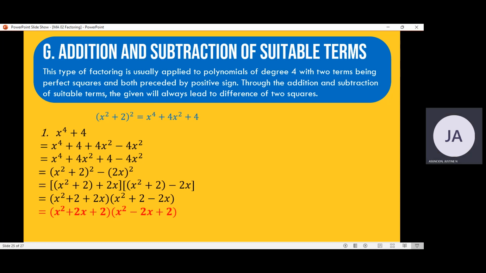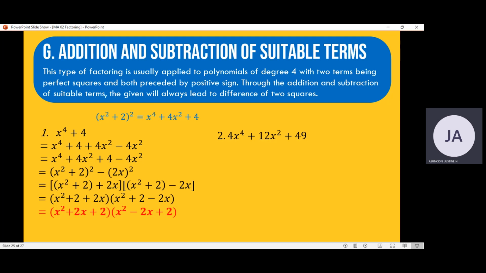Okay, so in this type of factoring, you should be familiar also with the square of a given binomial. So for another example, we have here 4x raised to 4 plus 12x squared plus 49.